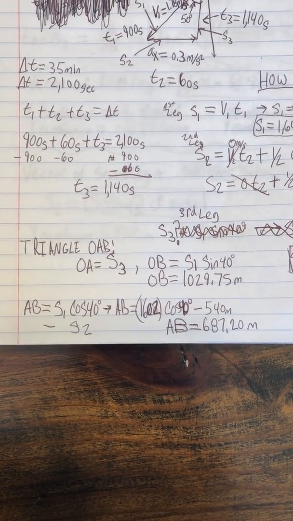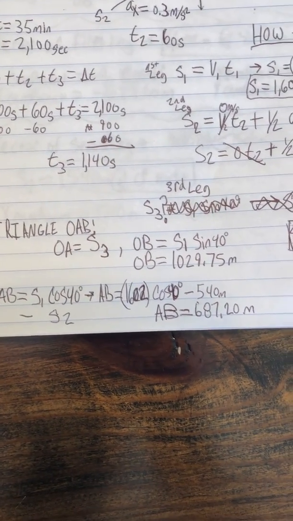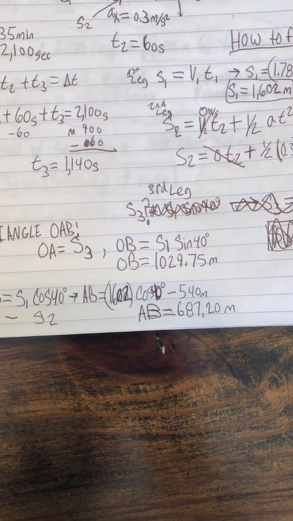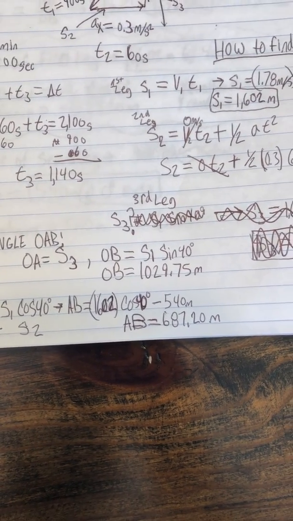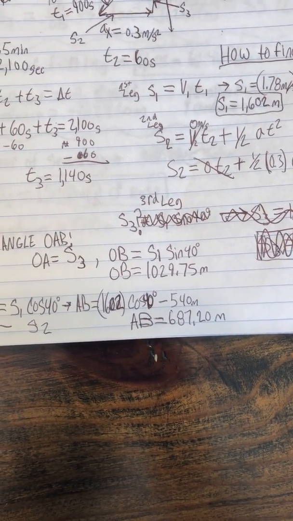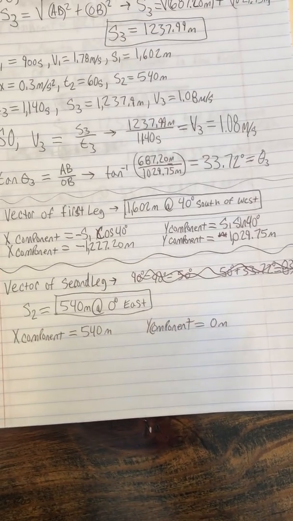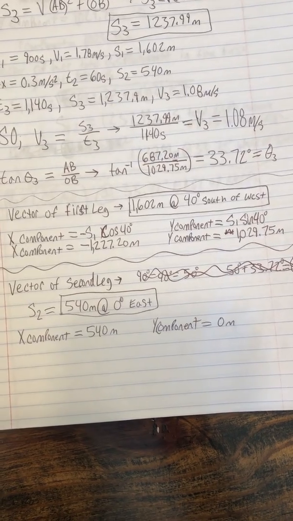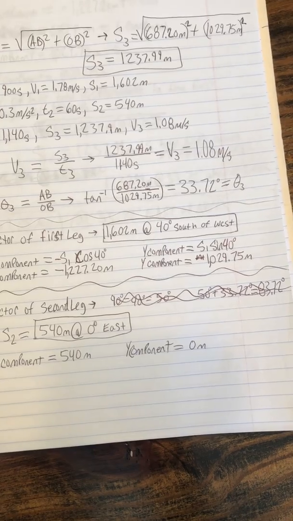AB, side AB, is S1 cosine 40 minus S2, which turns out to be AB equals 687.20 meters. The third leg, S3, is AB squared plus OB squared with a square root over it. S3 equals 1,237.99 meters.